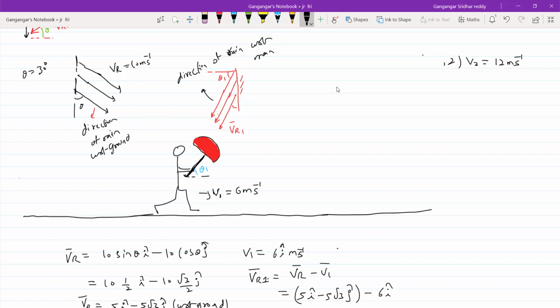I think a lot of confusion is there, so I'll give one more diagram. When the man is at rest, how should we hold the umbrella? This is theta. The person is here, he is at rest, not moving. How should we hold the umbrella? He should hold the umbrella against the VR bar, no?